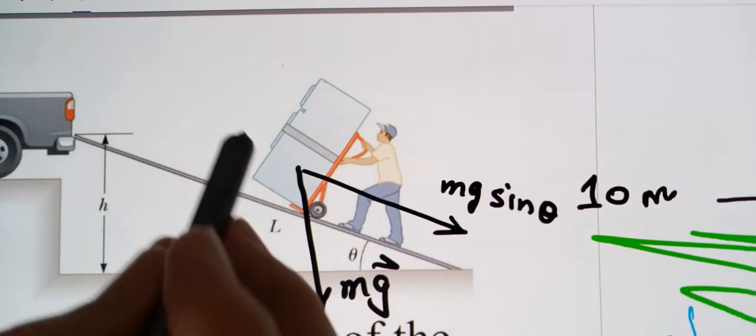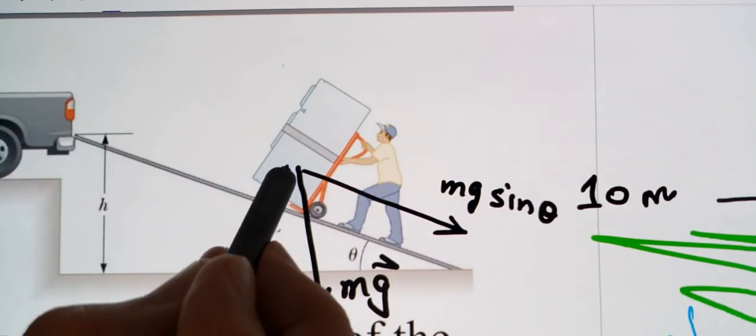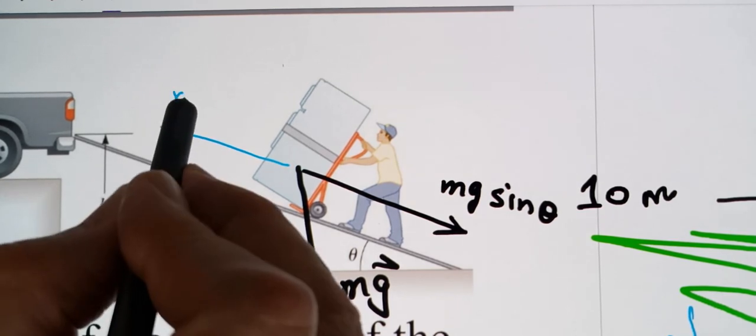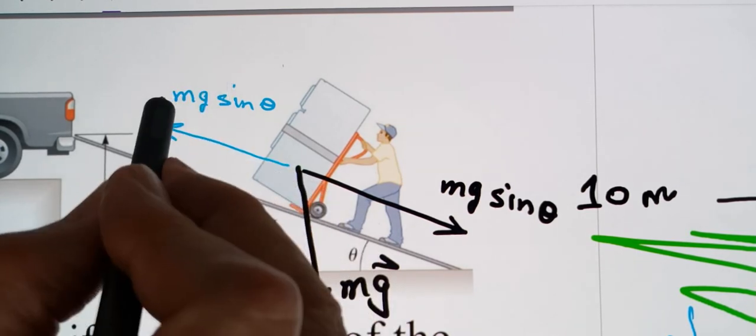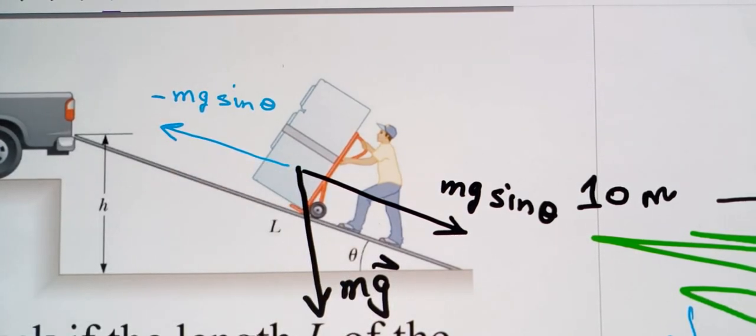So that means the man's force, at least, needs to be mg sine theta in the opposite direction. However, if he wants to lift it straight up, he will need mg. When he uses the ramp, he will use only mg sine theta. So the advantage of using a ramp is to reduce the force he is applying to lift the fridge. But he will do the same work.